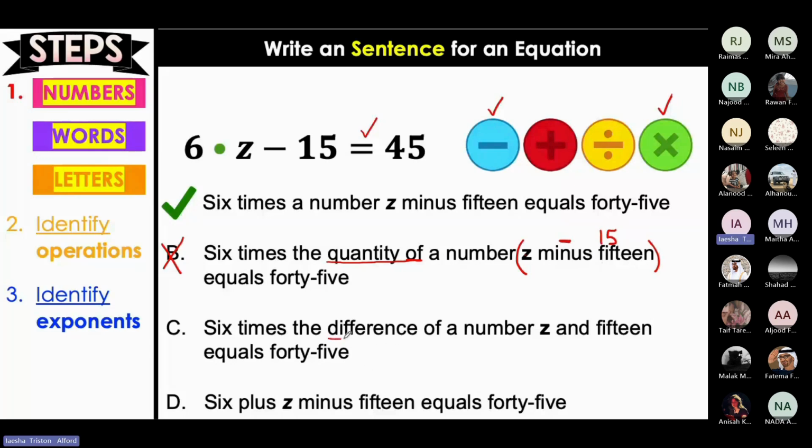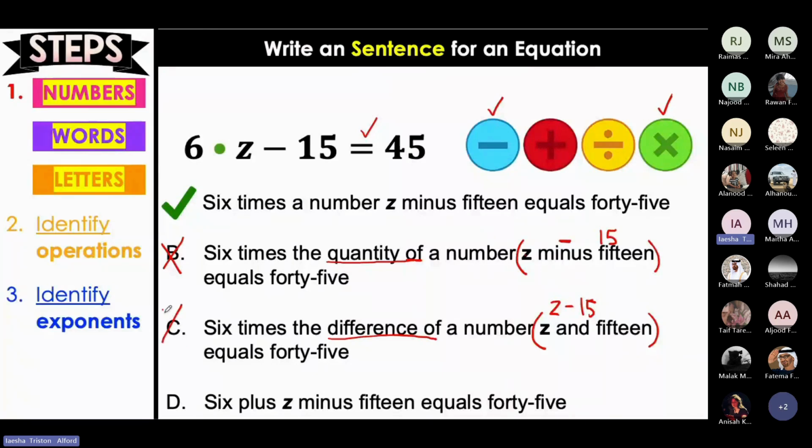Another one, it says here the difference of. What is the meaning of difference of? Subtract and parentheses. So here we have it again, parentheses, and should be subtract. Z subtract 15. That's not what we have in our equation.